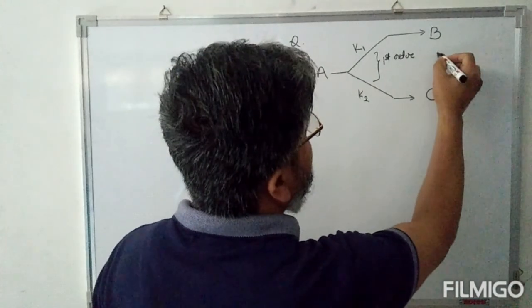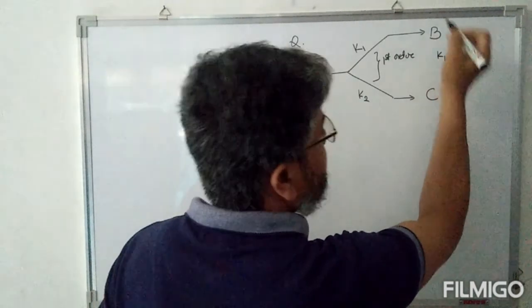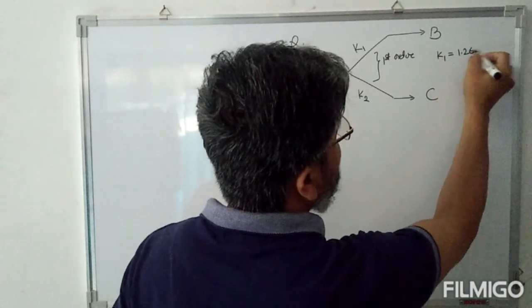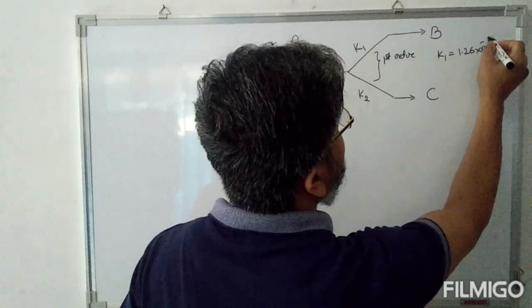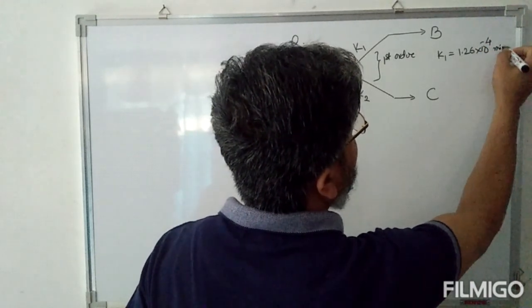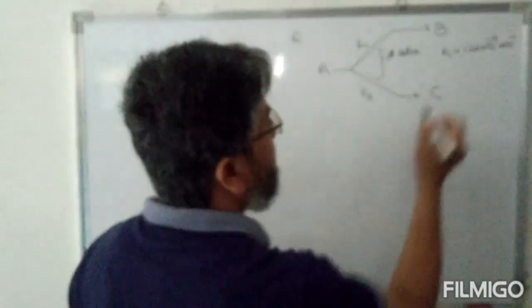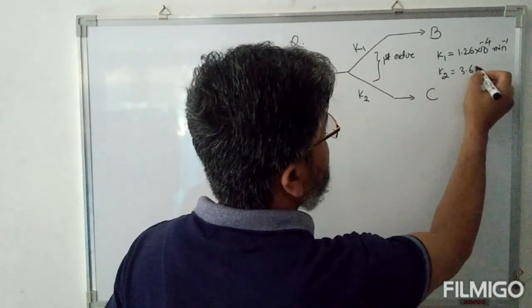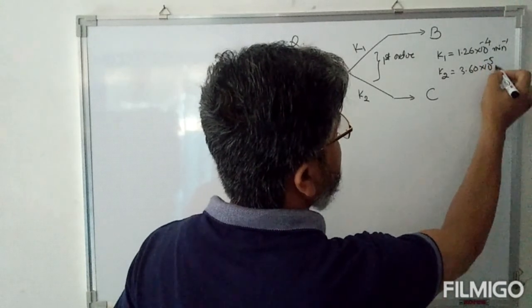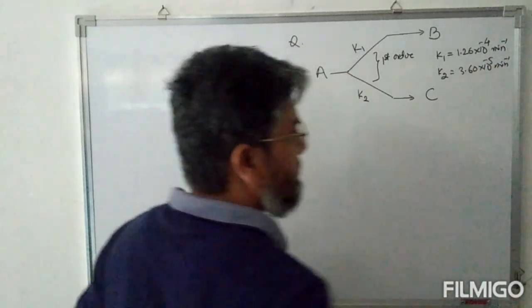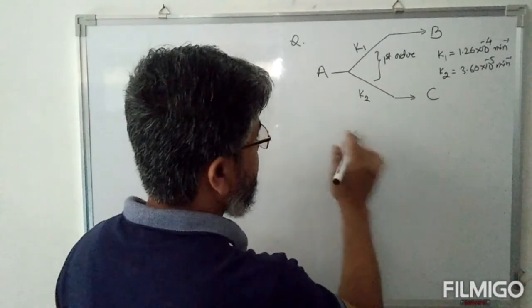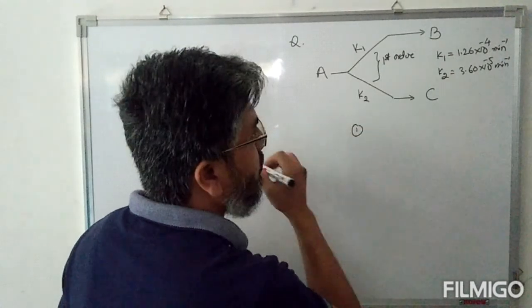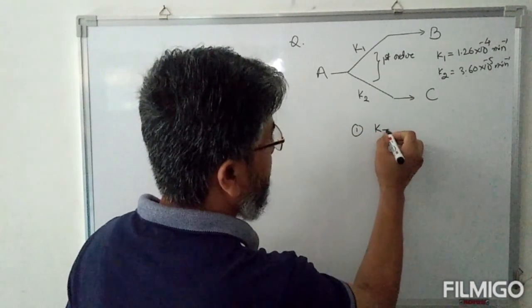Question says, suppose K1 is 1.26 into 10 power minus 4 minute inverse, and let the value of K2 be 3.60 into 10 to the power minus 5 minute inverse. The question says, what is the overall rate constant of the reaction?